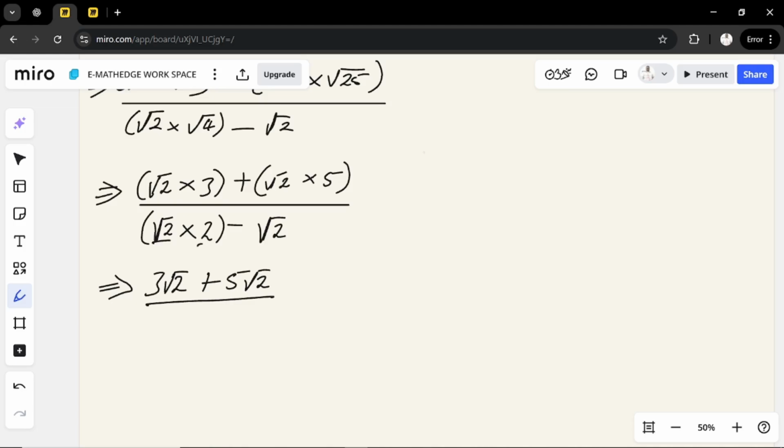And coming down to the denominator, we are going to have the root of 2 multiplied by 2 is going to give us 2 root 2, right? Minus the root of 2.